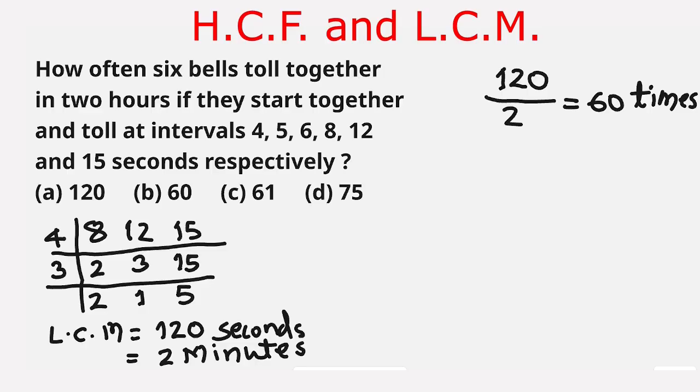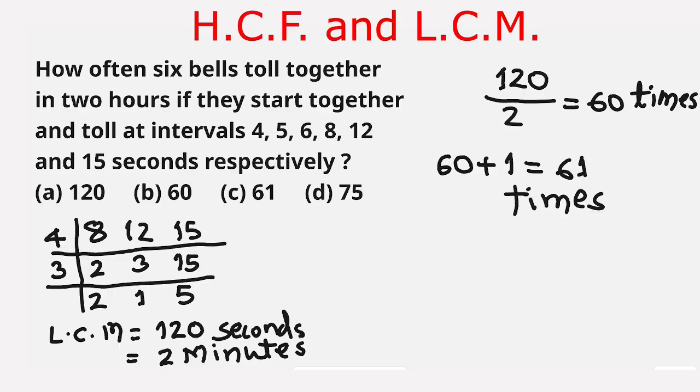So these bells will toll together 60 times in 2 hours, but they had started together at the starting time. So including that one of the starting time, they toll together 60 plus 1 equals 61 times.